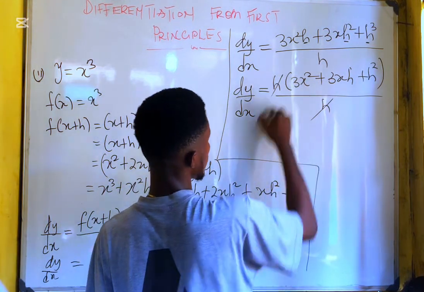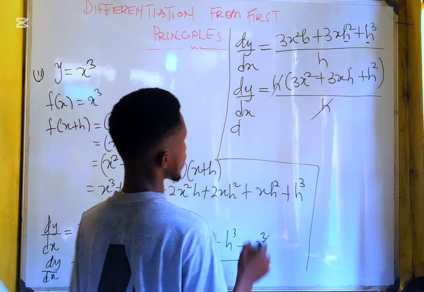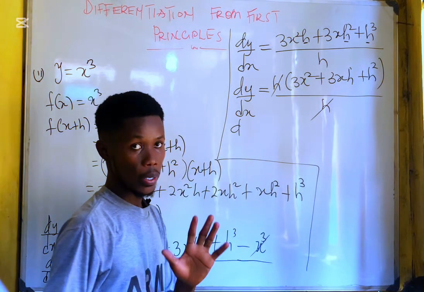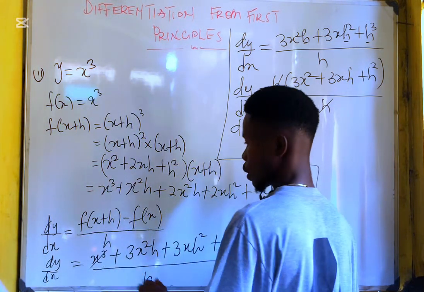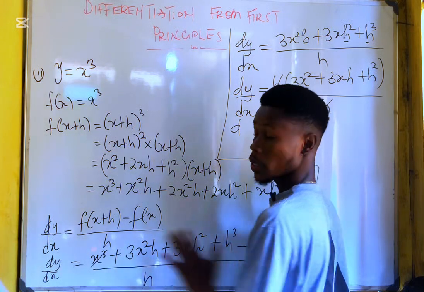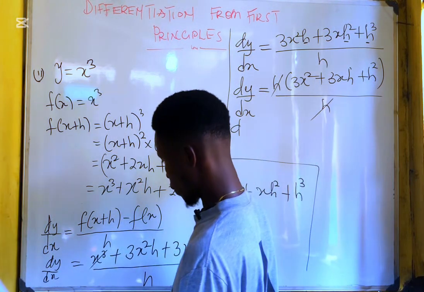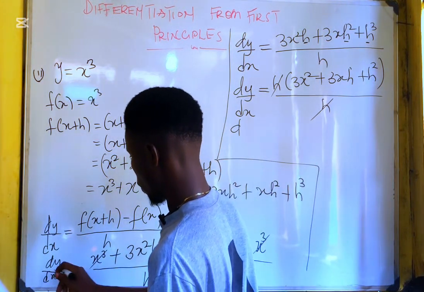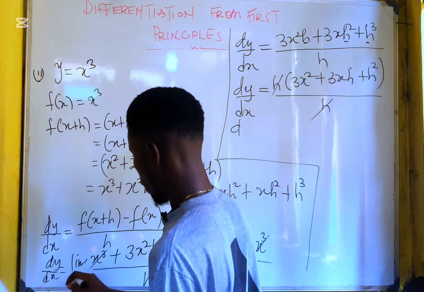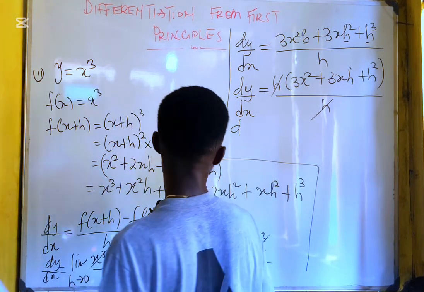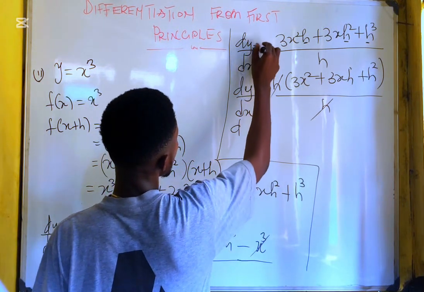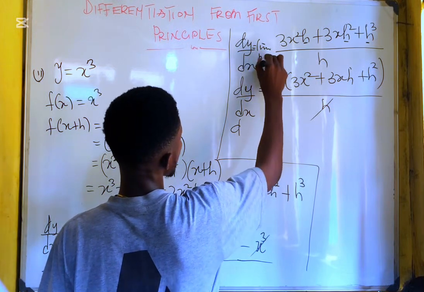So this h will cancel the h here. So that at the end, so you see I'm making a mistake. Because when you are doing it without bringing the limit, it is wrong. So here, I'm supposed to bring the limit as h approaches 0.